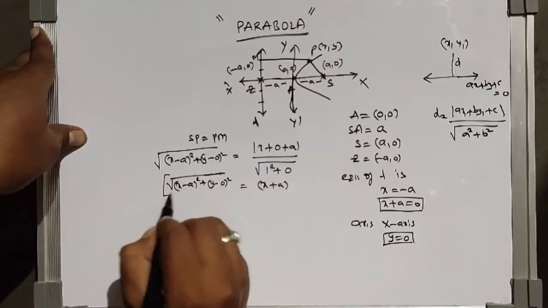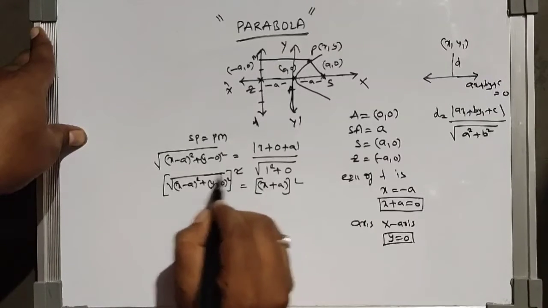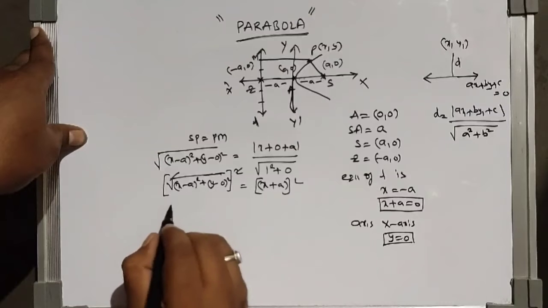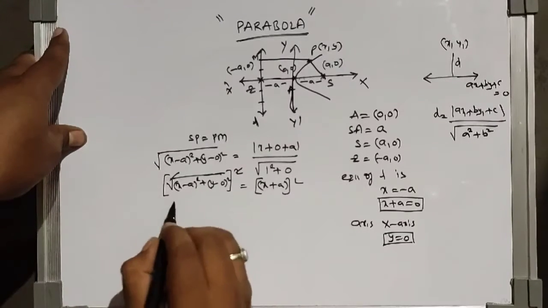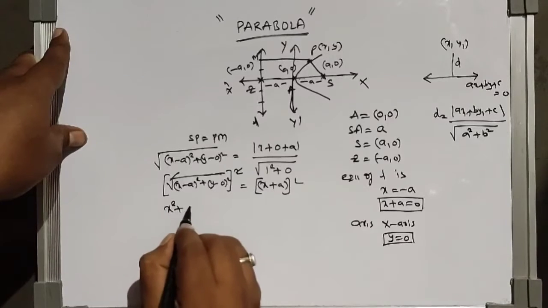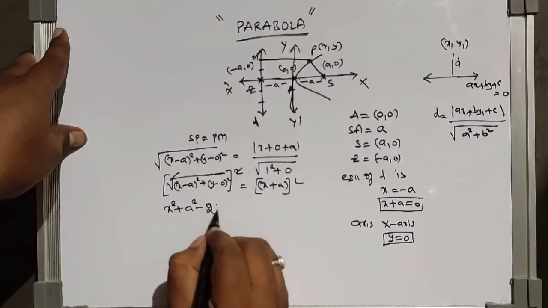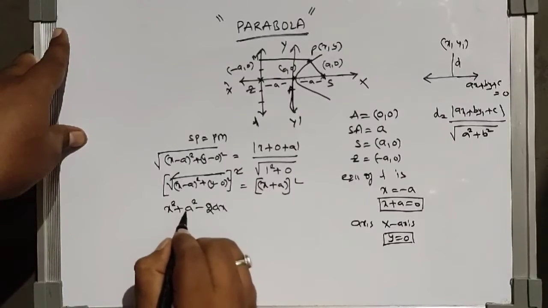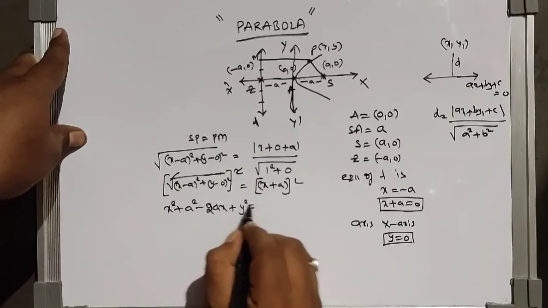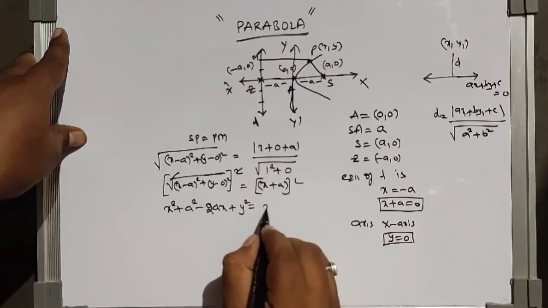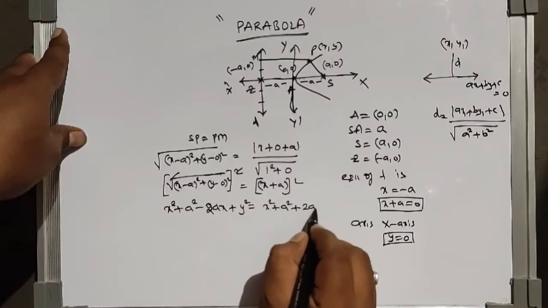So apply the square on both sides to remove the root. From that the square root gets cancelled here. We get x minus a whole square, which we expand with the formula (a minus b) whole square: x square plus a square minus 2ax, plus y square is equal to x plus a whole square, which is x square plus a square plus 2ax.